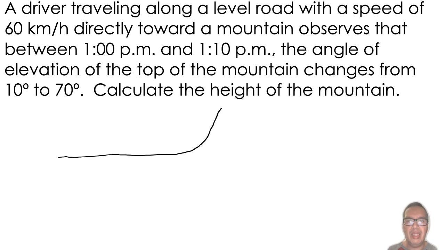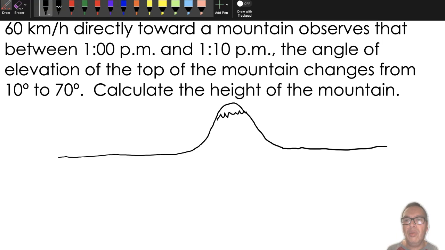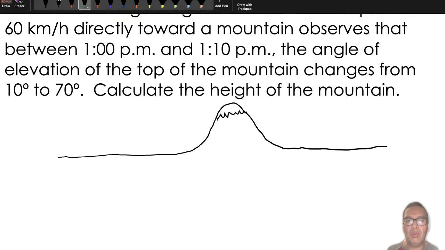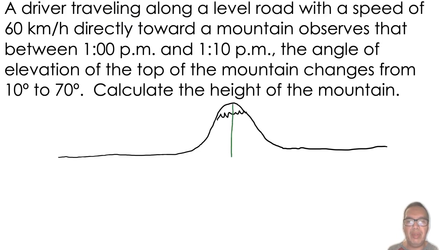Okay. And then the mountain has an unknown height. So let's say that this is your little mountain over here. And then what you don't know is the height of the mountain relative to the ground. Okay, this is your unknown h.